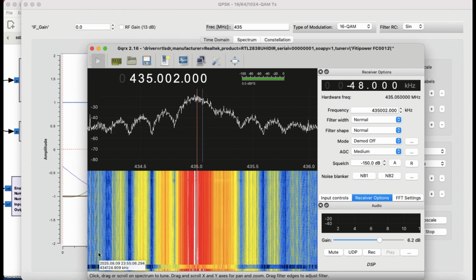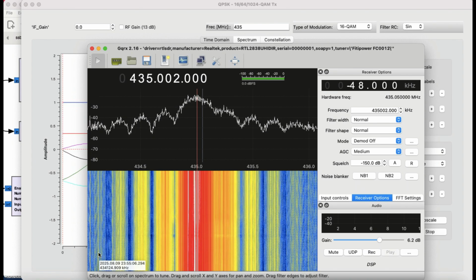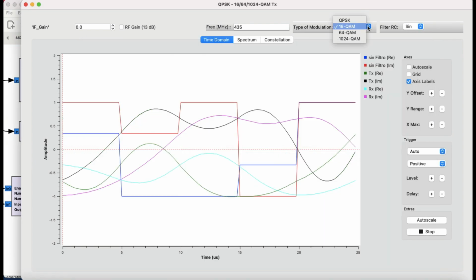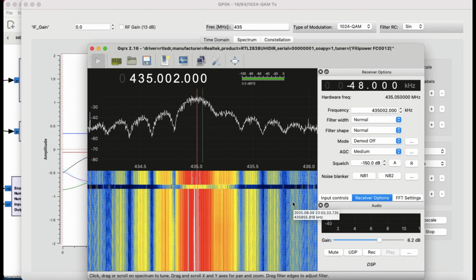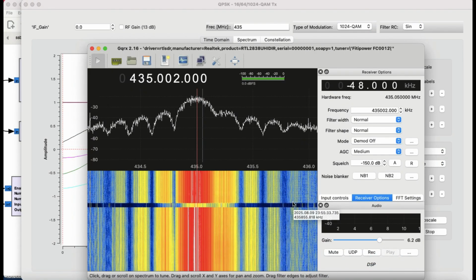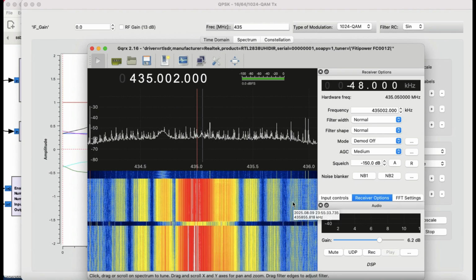Why? Because with higher modulation schemes, your symbols or bits are very much packed together compared to a lower order modulation scheme. So let's look at 1024 so you can see the difference. This is what you're looking at with 1024 QAM.